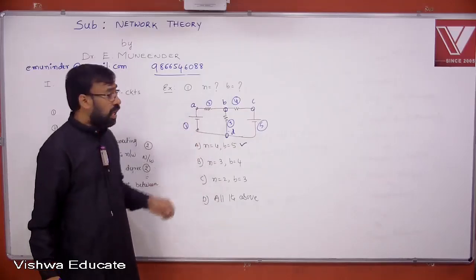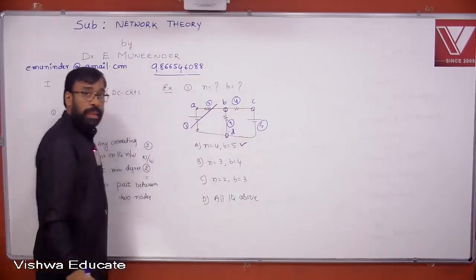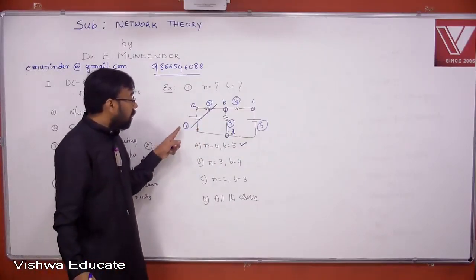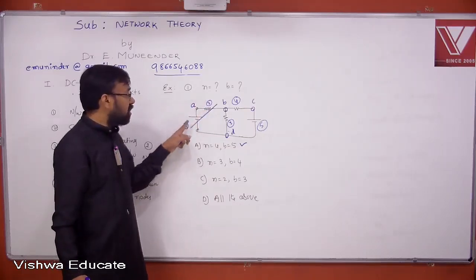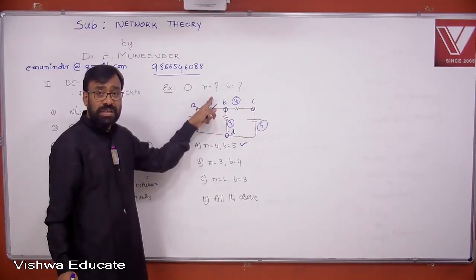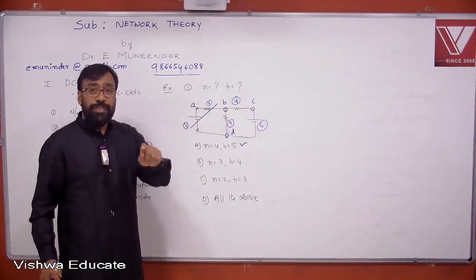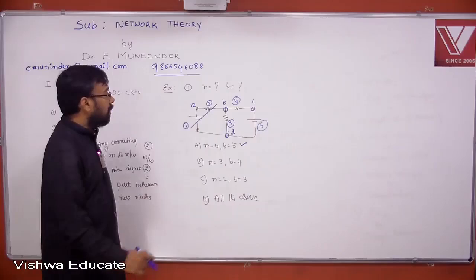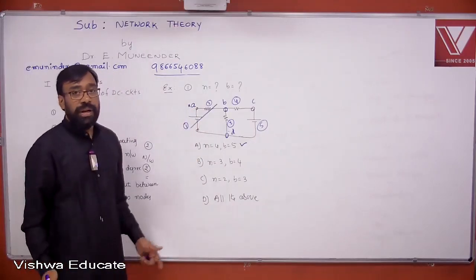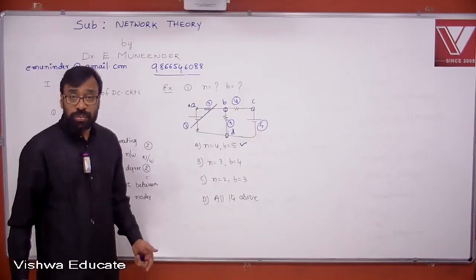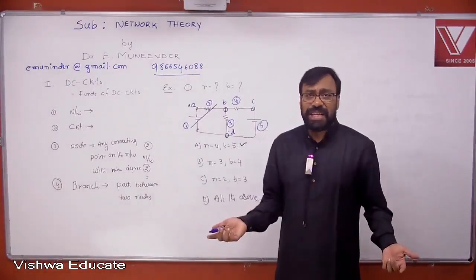Now, if I treat this branch 1 and branch 2 as a single path, both the first element and second element treated as a single path, then does node A come into picture? It does not.